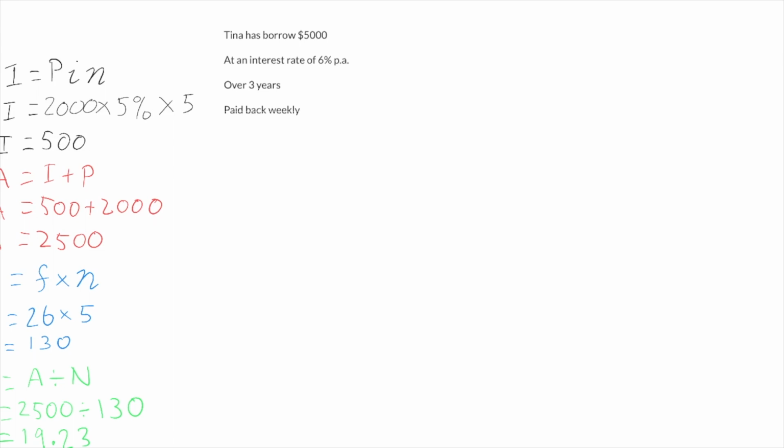Okay, let's work this out. So to start with, we need our I equals PRN. So I equals 5,000 times 6% times 3. So I equals 900.